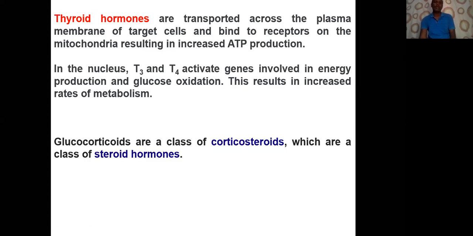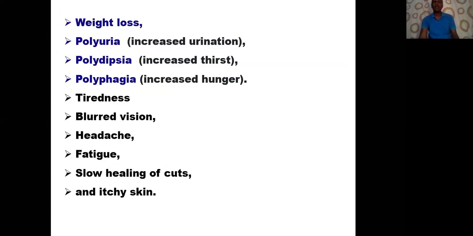They also regulate glucose metabolism. But majorly we are now concerned with type 2 diabetes, that is, insulin regulation. Insulin regulation is major, because insulin is majorly involved in type 2 diabetes. Especially in type 2 diabetes, you will find weight loss.